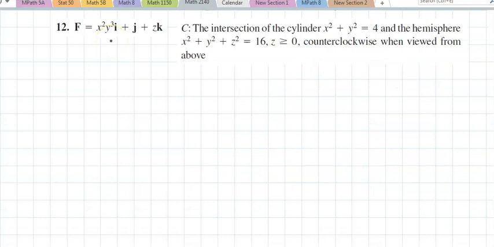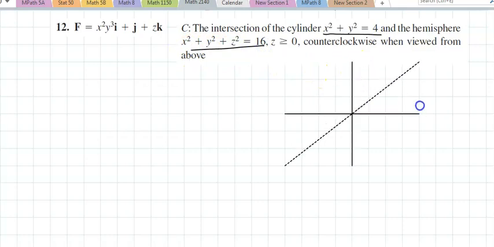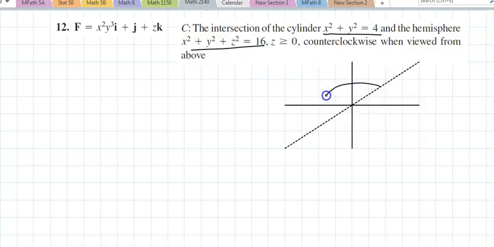I'm given a vector field, and the intersection of this, well, I don't need the graph, but here it is. This is f, and I have the sphere, and x plus y equals 2.